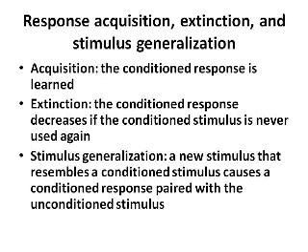And stimulus generalization is when a new stimulus that resembles a conditioned stimulus causes a conditioned response paired with the unconditioned stimulus. So a stimulus generalization could be that the dog is provided with food, and every time the dog is provided with food, he hears a bell. Now, it may be that the dog is walking somewhere else, and he hears a siren, a police siren.